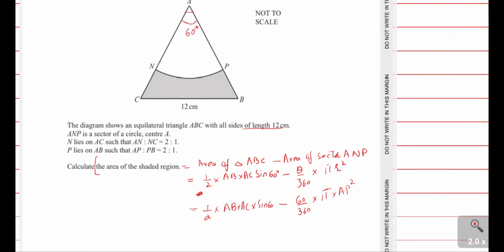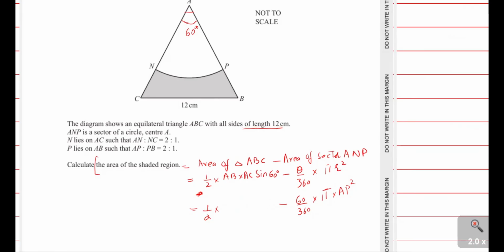Here the lengths AB and AC equal 12 centimeters because this is an equilateral triangle. Therefore, all side lengths will be equal. Here the length is 12. We write 12 into 12 into sine 60. And the length AP, firstly we have to calculate this length.